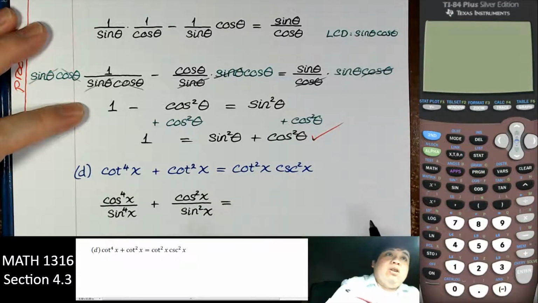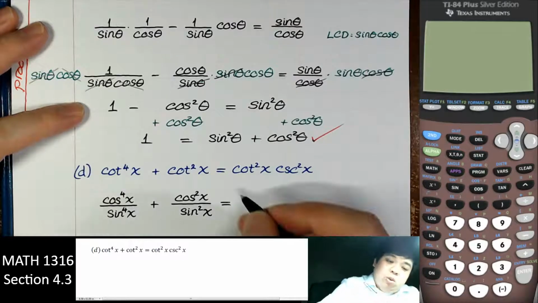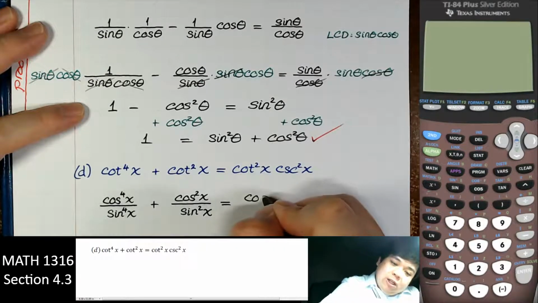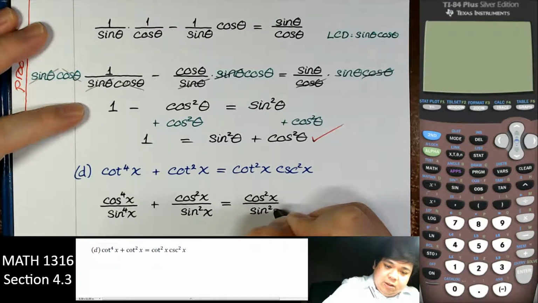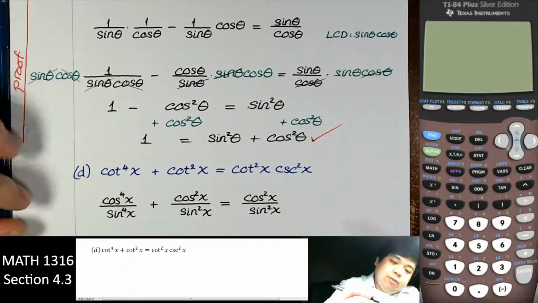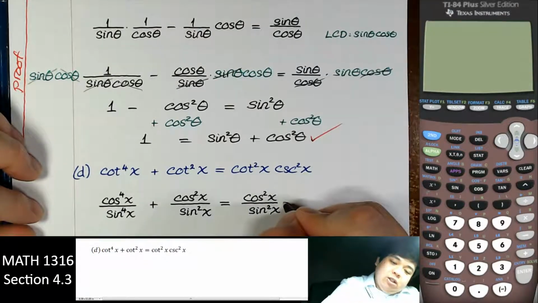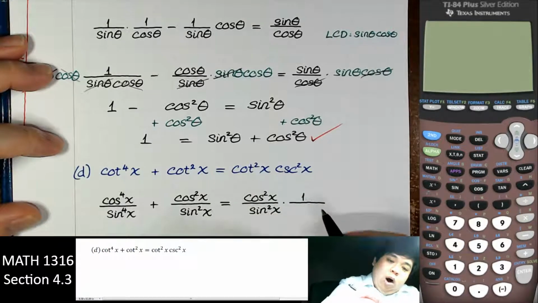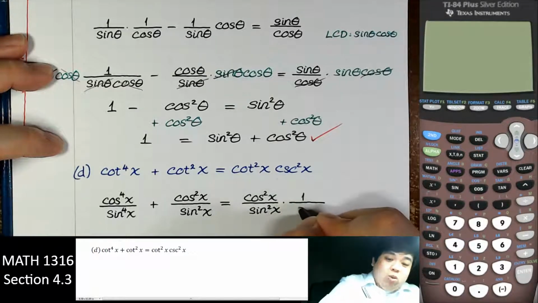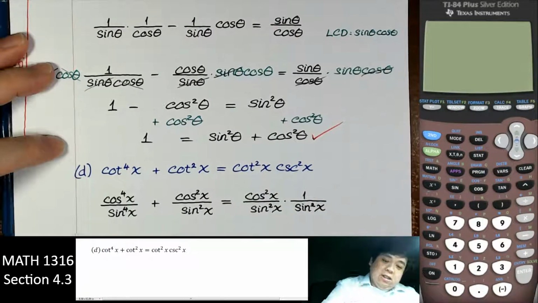And then we have the other side. Cotangent square, once again, is cosine square over sine square. And cosecant square is 1 over, cosecant is 1 over sine, and that's squared, right?